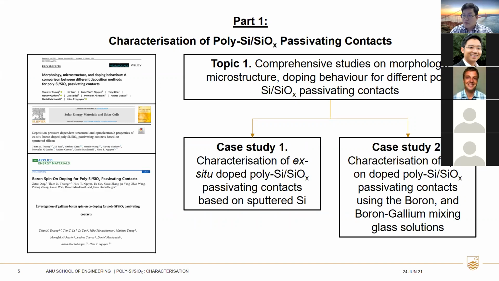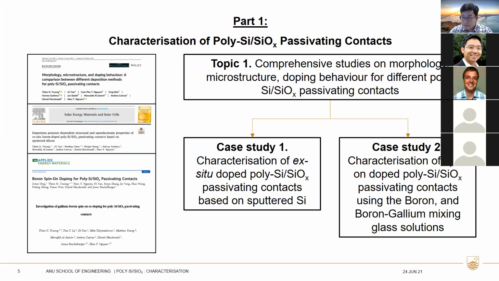And then from this knowledge, we will move to two case studies. In the first case study, we will characterize the n-type doped polysilicon passivating contact based on sputtered silicon. And then in the next case study, we will characterize the p-type spin-on doped polysilicon passivating contact using the boron glass solution and also the boron-gallium mixed glass solutions.